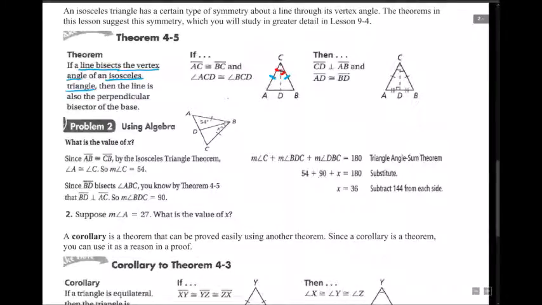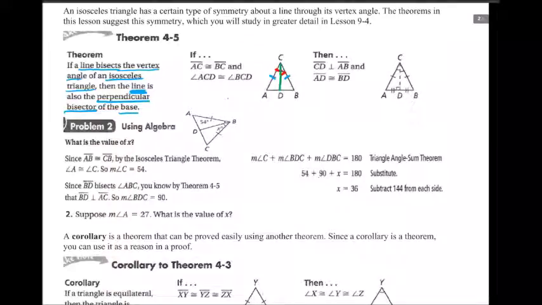Right? So if a line, and we're talking about this line right here, does all of this, it bisects the vertex angle of an isosceles triangle, so a lot of requirements here, then that line is a perpendicular bisector of the base.